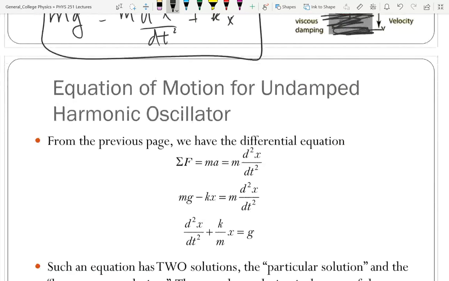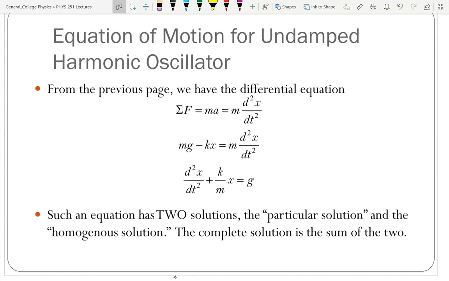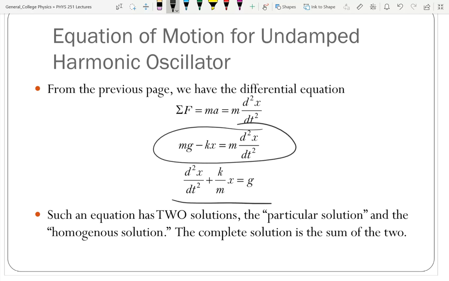So here's the work we just did. That's the equation we just had, except I divided everything by m. So this equation here was an intermediate equation. This is where we ended, except I've divided everything by m. Why did I do that? I did it because one of the things we like to do in differential equations is take the highest derivative and make it so it's multiplied by 1.